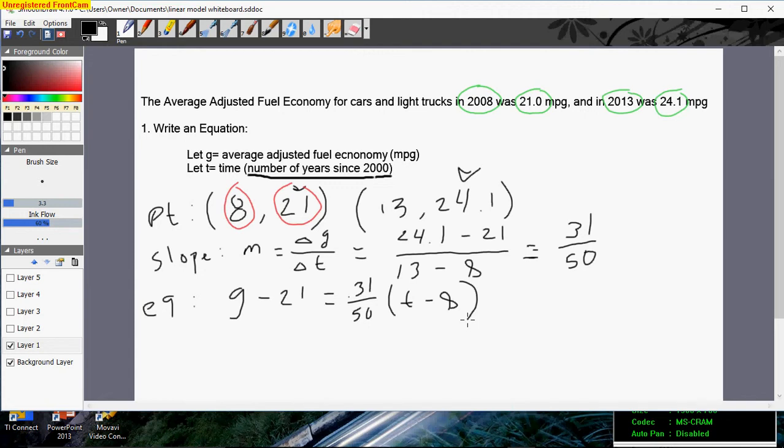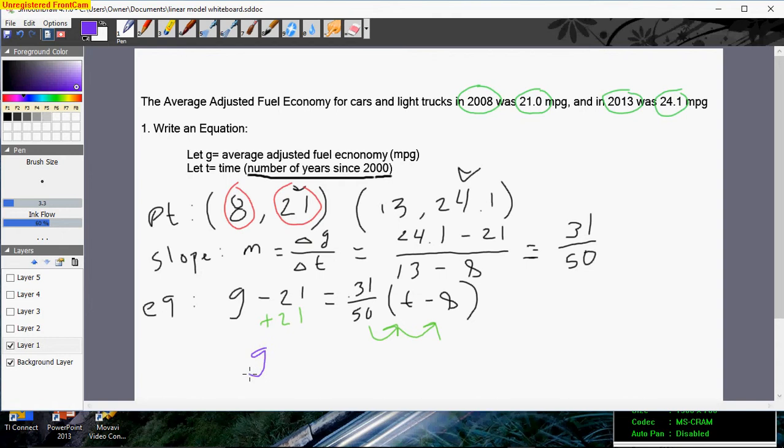But because of the other questions that are going to come up, let's go ahead and put this into y equals mx plus b form. And you can do that simply by just adding 21 to both sides and distributing. So here's going to be our y equals mx plus b equation.